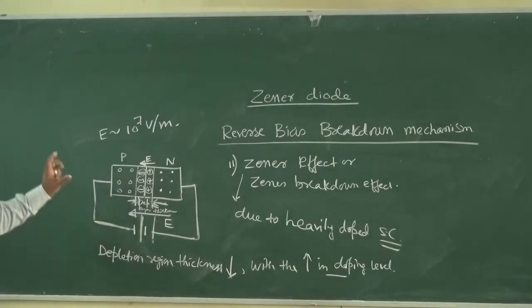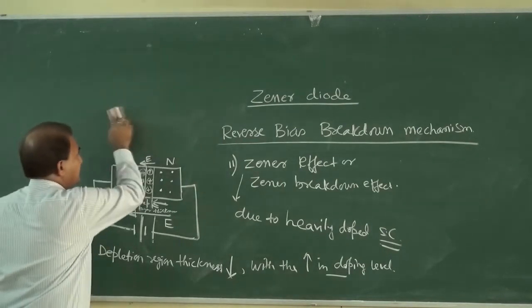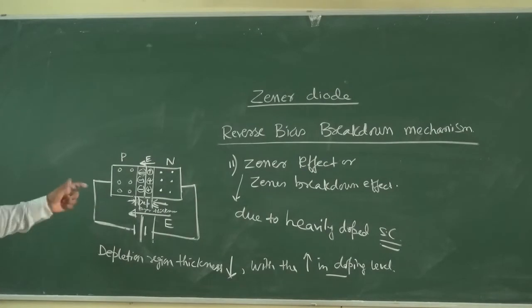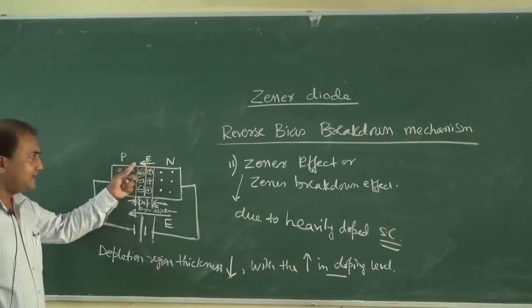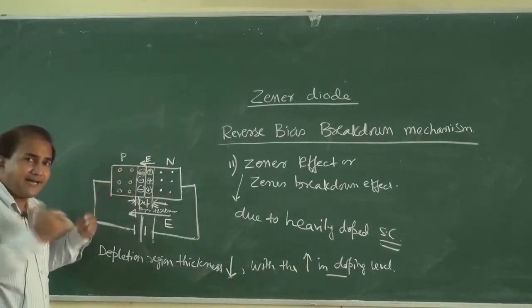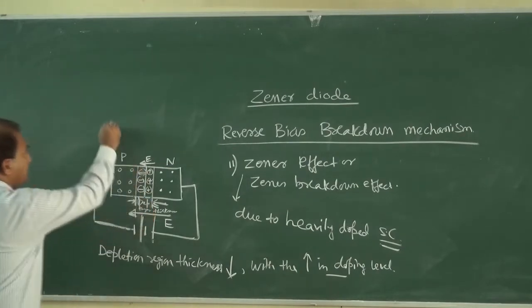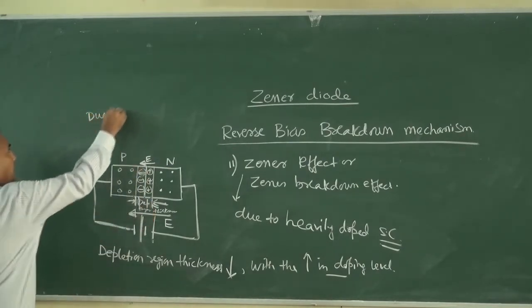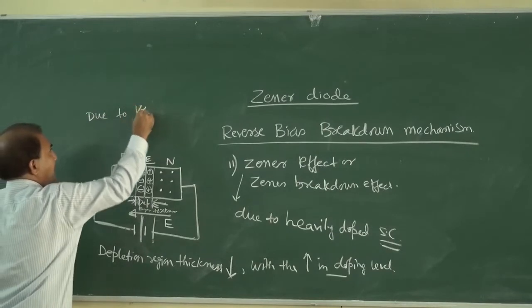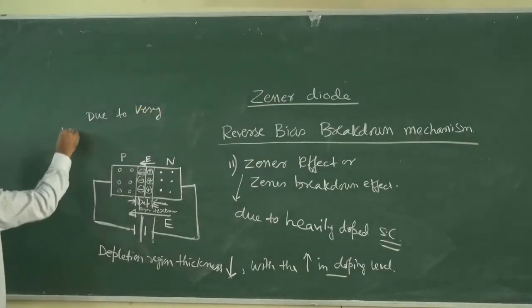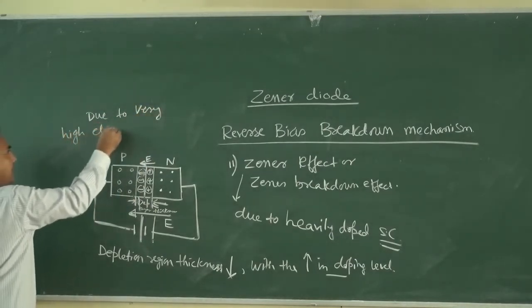Okay. So if this range of electric field is created here, then it breaks the covalent bond due to the very high electric field.